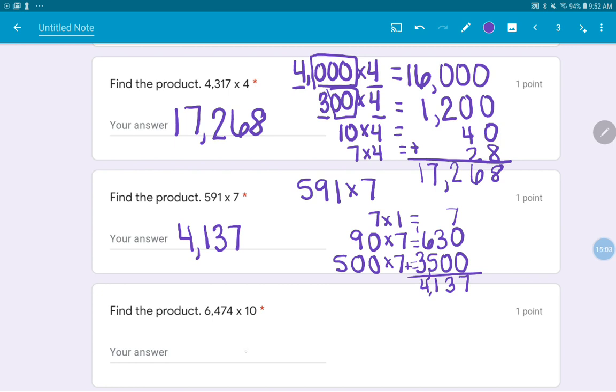So basically when I'm multiplying by 10, all my place values shift to the left and I put a 0 at the end. So there really wasn't anything to work out there if I just use my number sense.